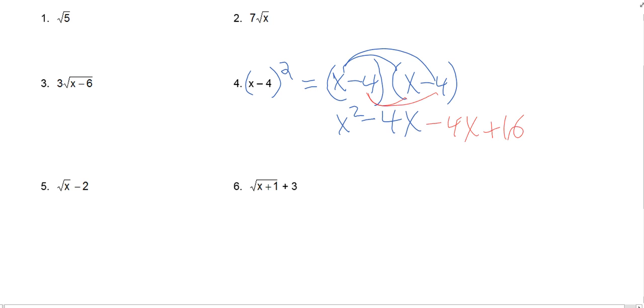So just to remind you of the shortcut that we've already talked about several times, when you have a binomial, which is what this is, x minus 4, and you square it, you're basically just doubling these 2 terms inside the binomial that are being multiplied together.